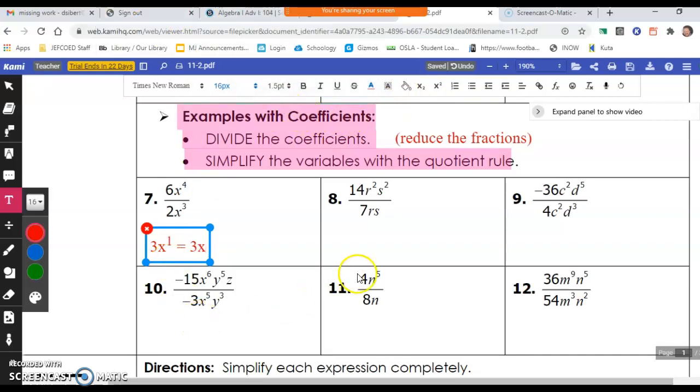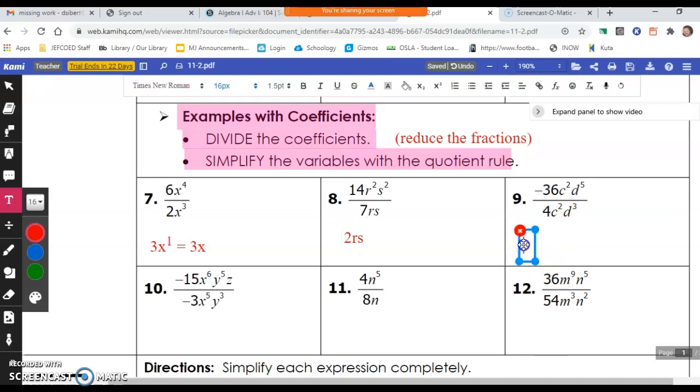Looking at number 8, 14r squared s squared divided by 7rs. Here 14 divided by 7 is going to be 2. r squared divided by r is going to leave me with just r. And then s squared divided by s is going to leave me with s. We good there? All right.